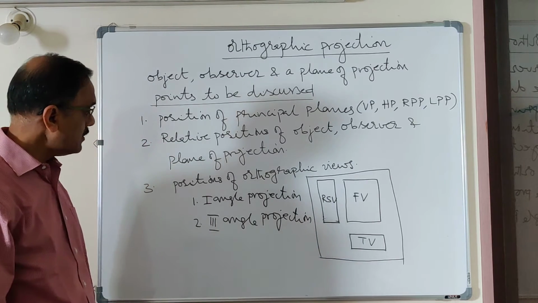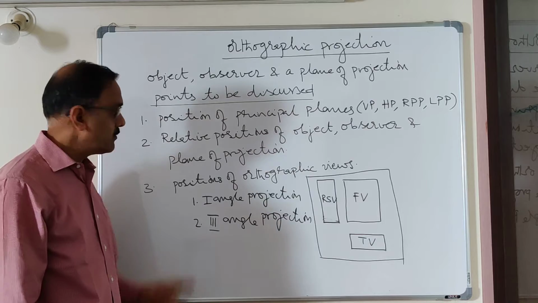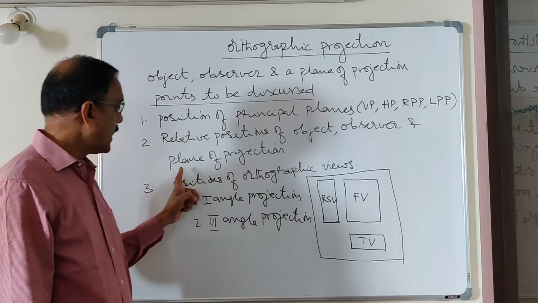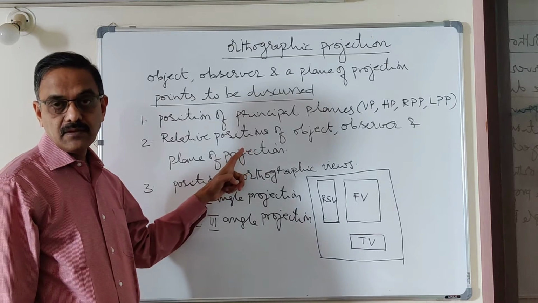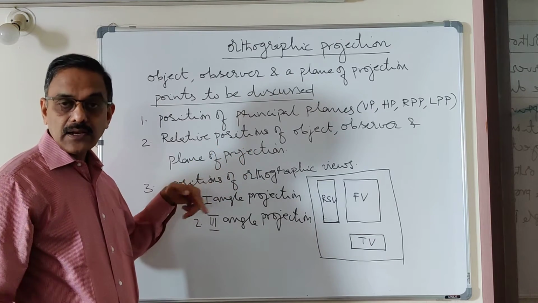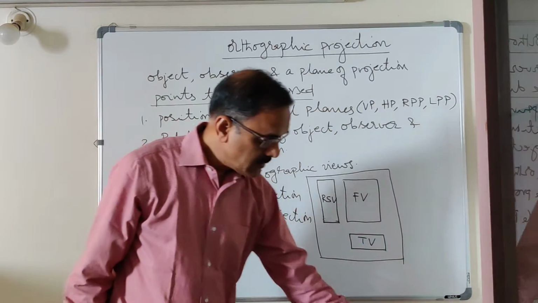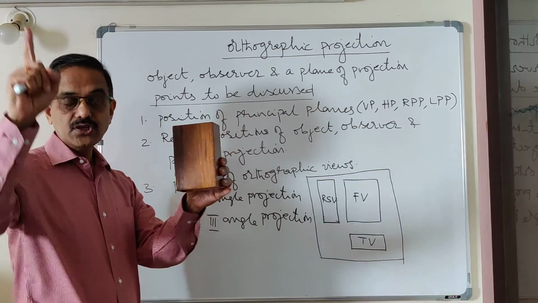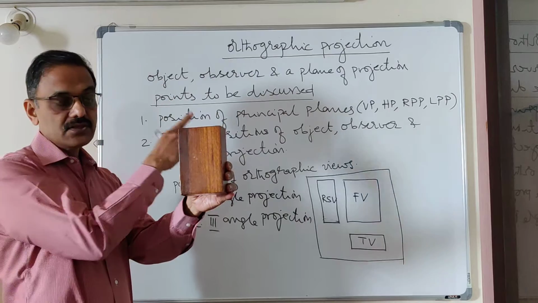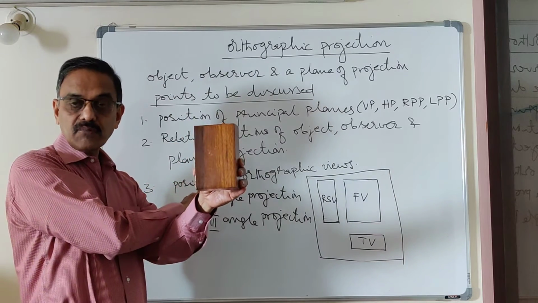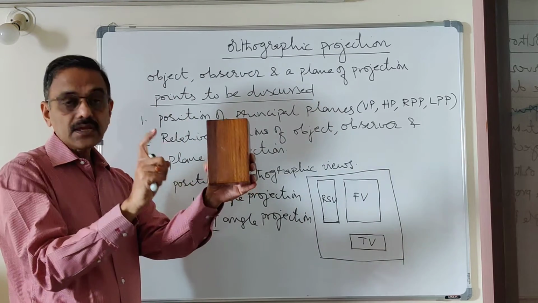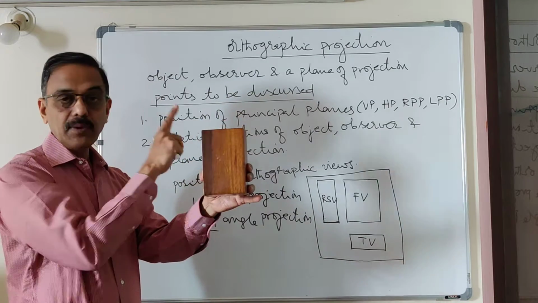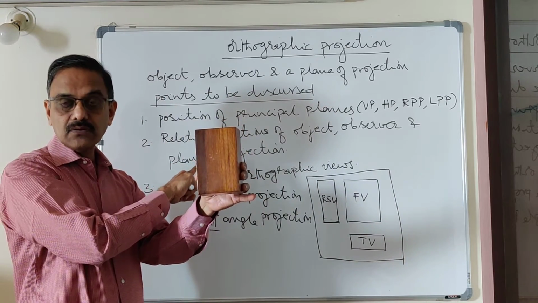What is the second point? This is a very important point: relative positions of object, observer and plane of projection. That means how are they relatively positioned? We have positioned it like this. I imagine the observer to be in front and this is the plane of projection for the front view. So the object is in between the observer and the plane of projection for the front view.